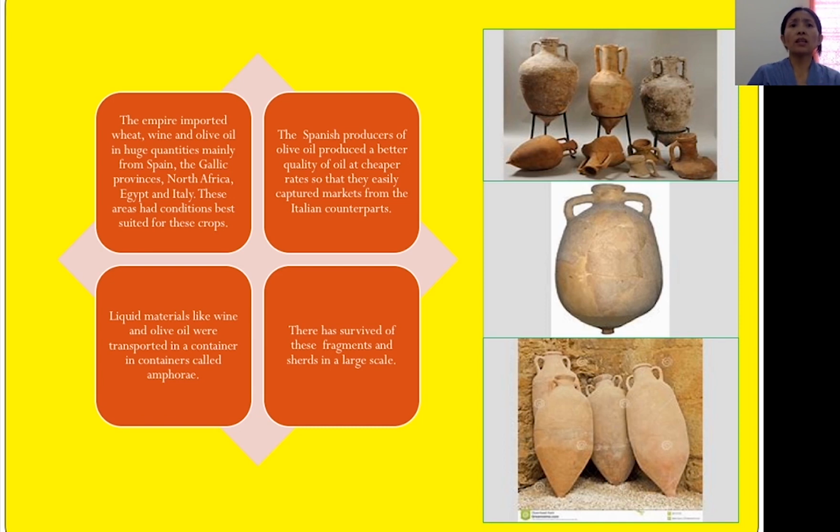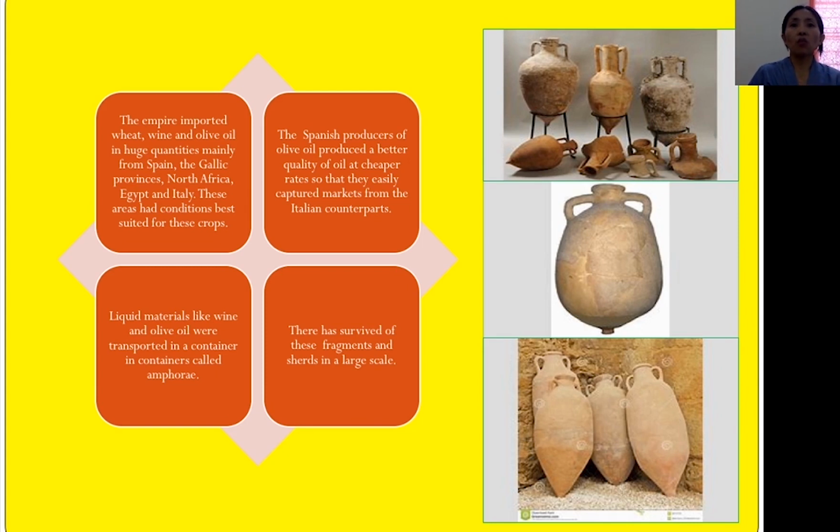These areas had conditions best suited for growing these crops. The Spanish producers of olive oil produced a better quality of oil, and that was sold at cheaper rates so that they could easily capture markets from their Italian counterparts.